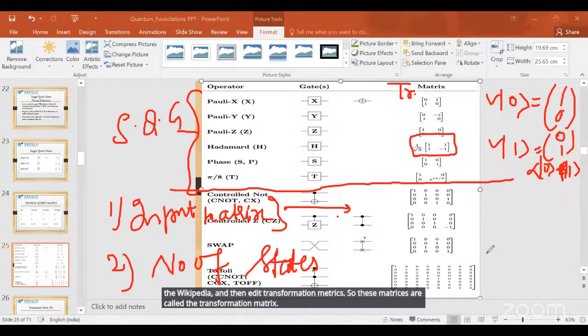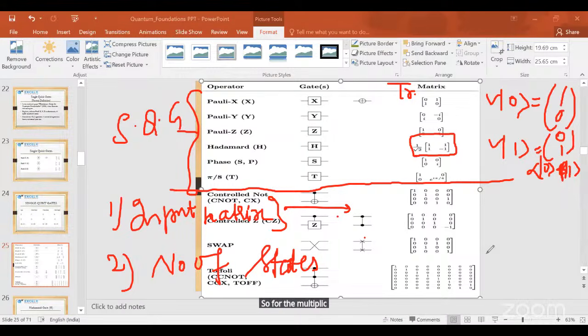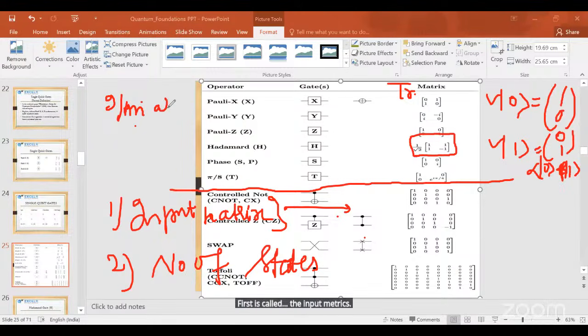So for the multiplication, for the operations, we need two things. The first is the input matrix. Second, we need a transformation matrix which will transform.